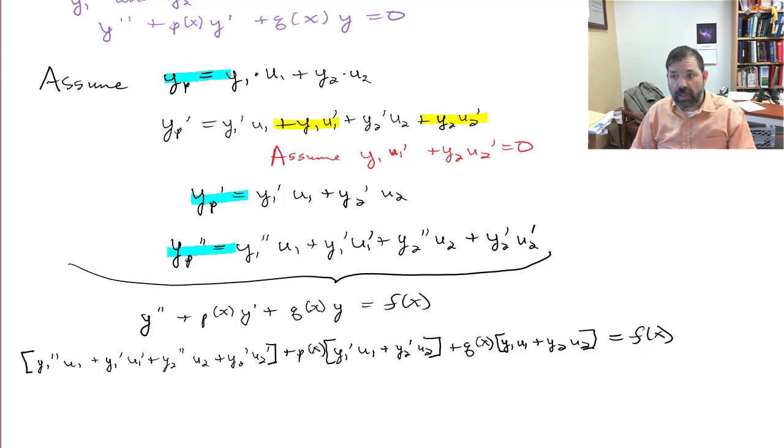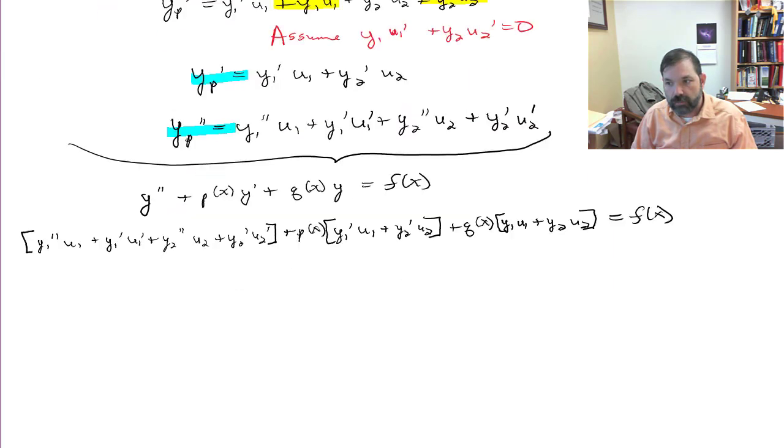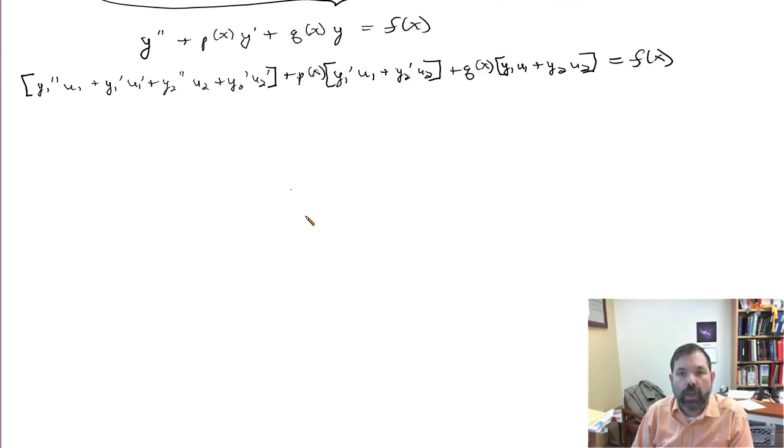Now that's a mess. There's a lot of terms there, but some nice things happen here. All right, so now I'm going to do some factoring. I'm going to take all of the terms that have just u1, not u1 primes, just u1, and move them all together. So let's look at all the terms that have u1s.